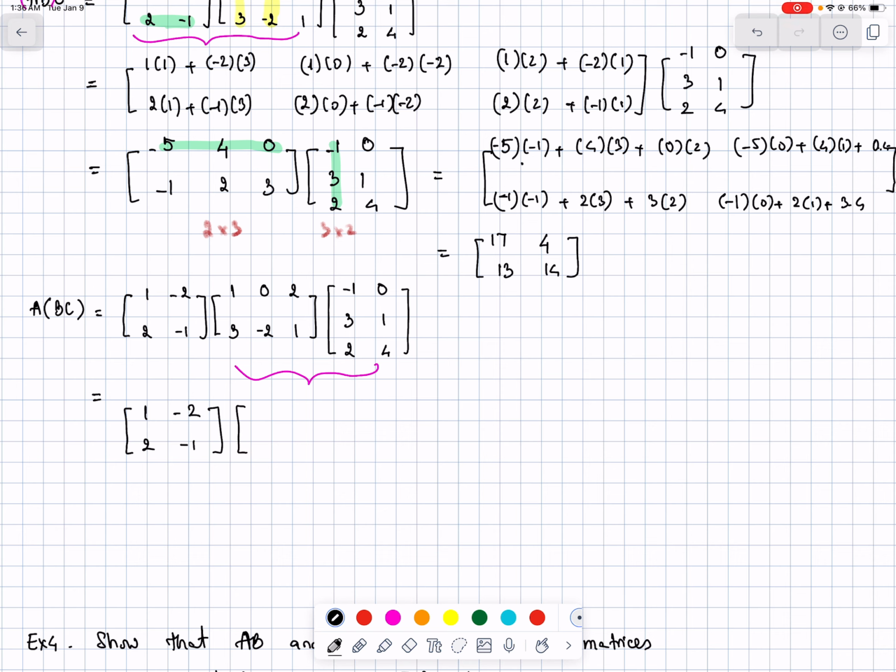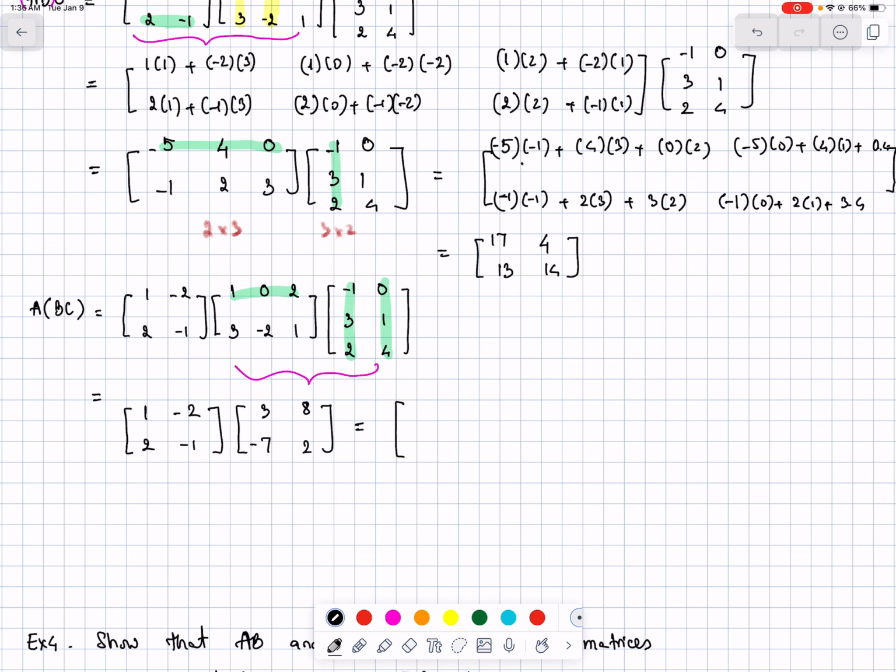So you have this times this and then times that, right? So we work it out. To save time, I will write out the result. So we get 3, 8, negative 7, 2 from the product of the last two matrices.